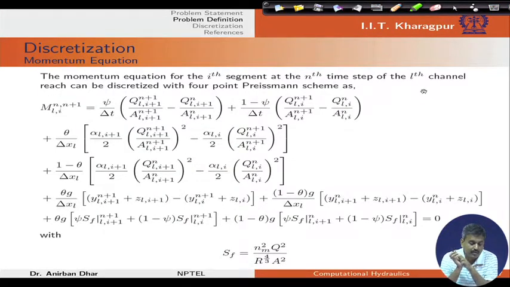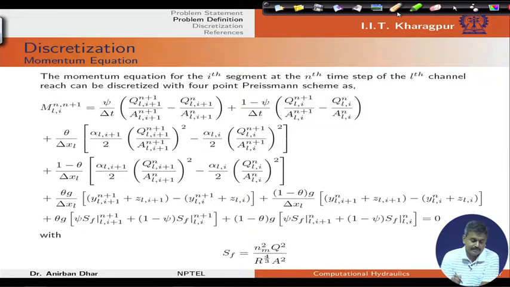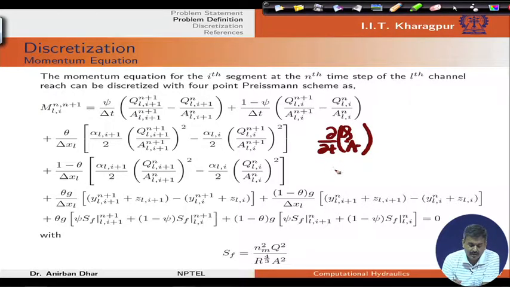So, momentum equation discretization. The momentum equation was d by dt of Q by A. So, for d by dt of Q by A, we can directly write these Q by A terms.